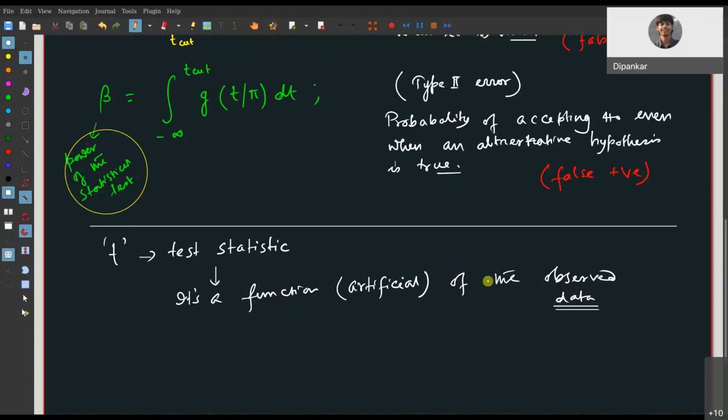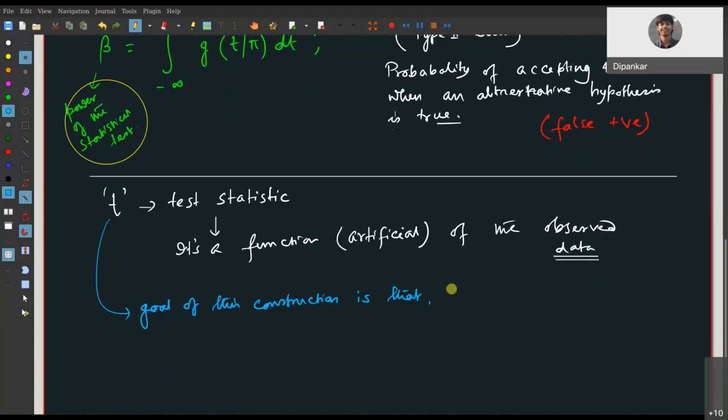Now, the whole point of constructing a test statistic, the motivation of constructing this test statistic as a function of the observed data, is such that my two hypotheses, H0 and H1, become separated when I look at the distribution in terms of T. So the goal of this construction is that the distribution in terms of t can distinguish H0 and H1 very well.